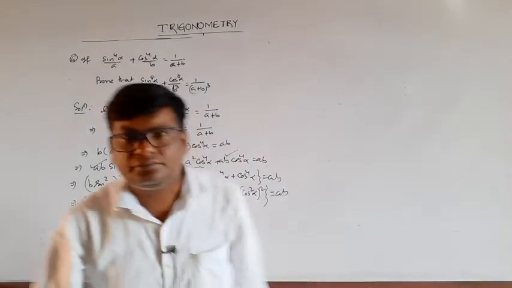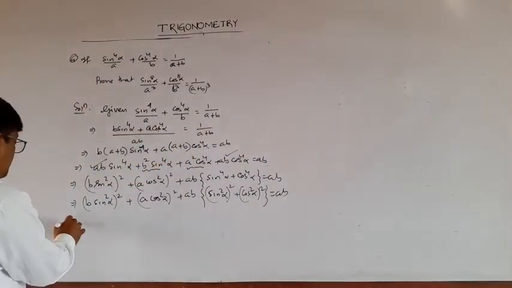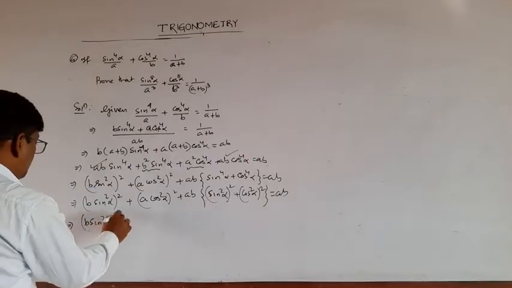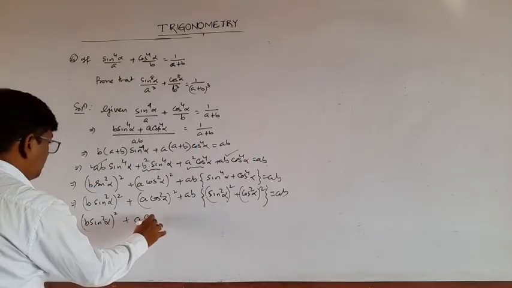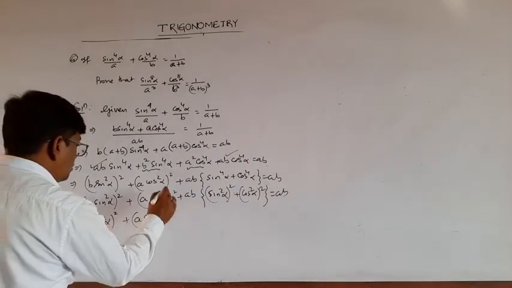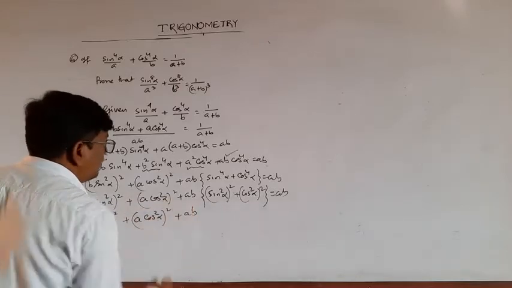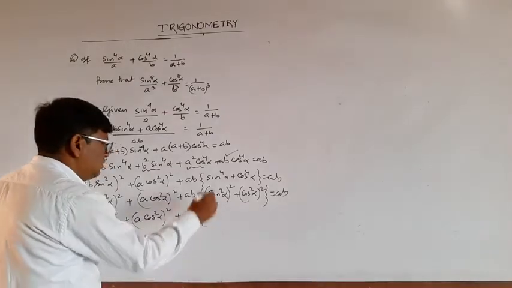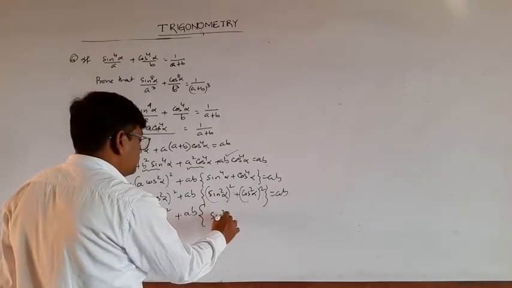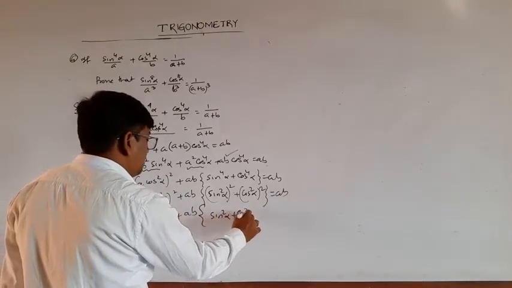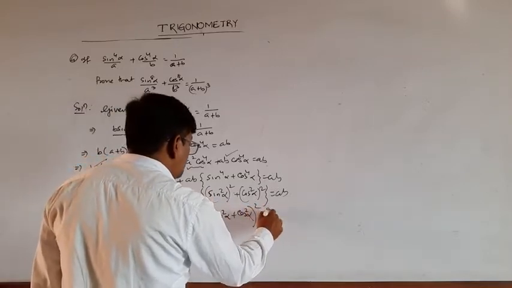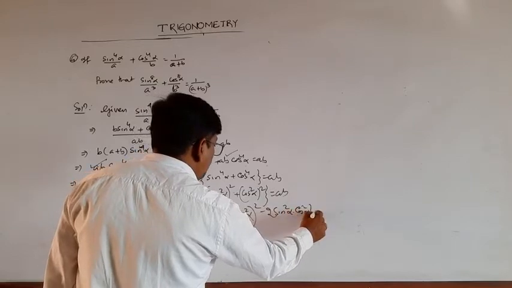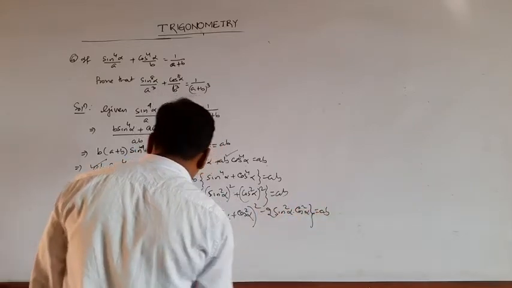Now b(sin²α)² plus a(cos²α)² plus ab, and this is the a² plus b² formula: (a plus b)², where a means sin²α, b means cos²α, so (a plus b)² minus 2ab, that is 2 sin²α cos²α, is equal to ab. Clear.